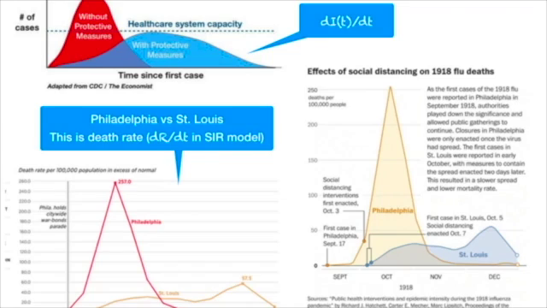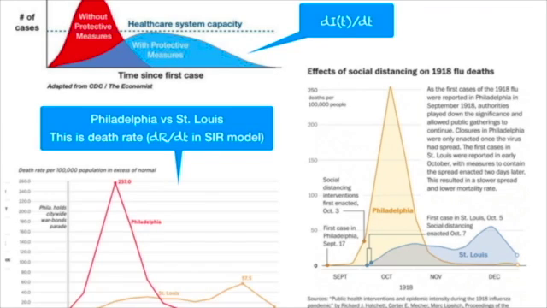So this graph is something that you see all the time. This one in particular is coming from the CDC and adapted by Economist magazine. Without any protective measures, without any social restriction or distancing, there will be a sharp increase of incidence. And with the proactive measures of shutting down the institutions and social contact, it can spread out, and it can save a lot of lives.